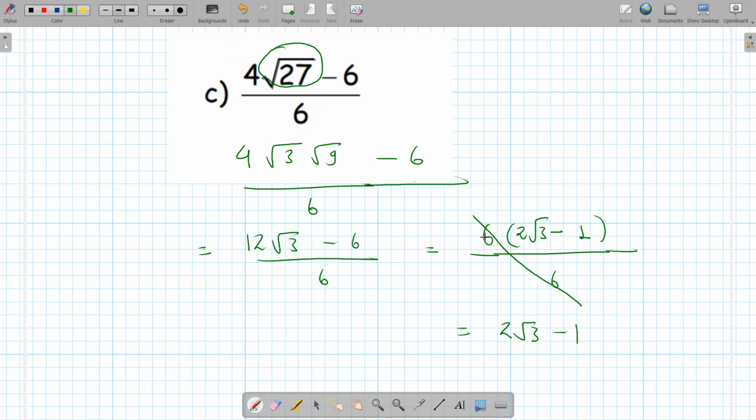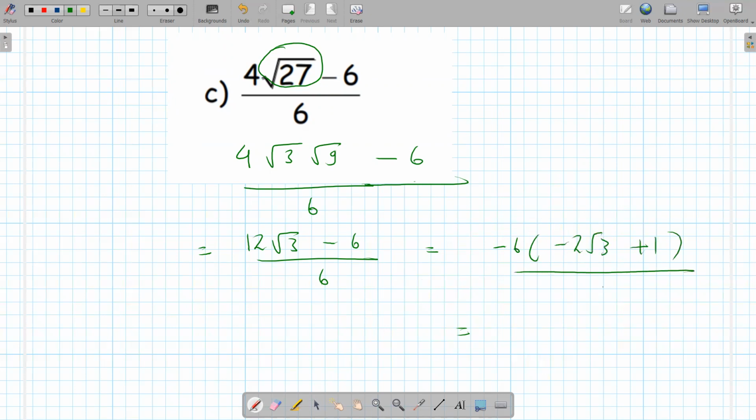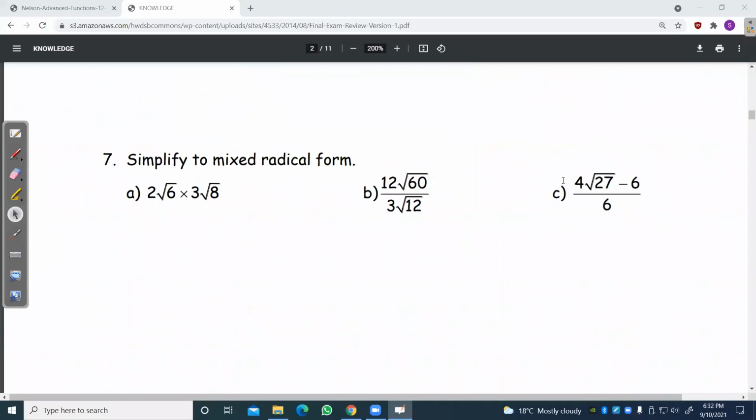See, 6 times 2 root 3 minus 6 works. If you wanted to, you could even pull out a negative 6. It just makes life harder. Here you'd get minus 2 root 3, and then here you'd get plus 1. So this equals everything that's there, you just basically expand it. That makes sense.